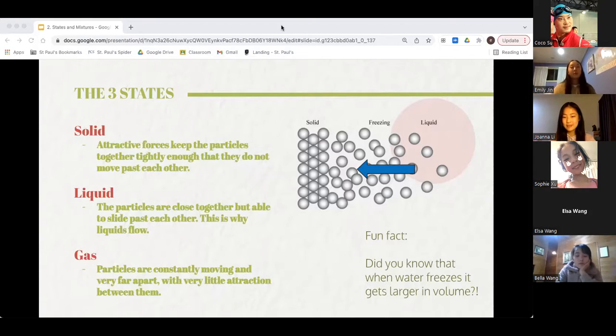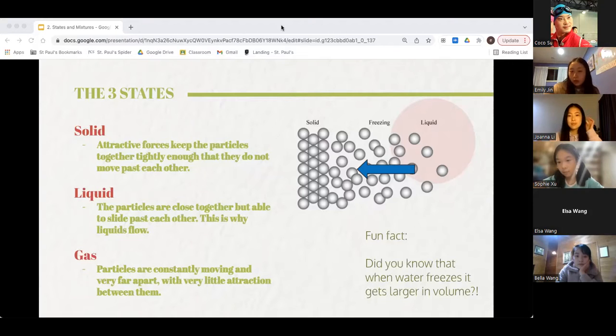That's something we'll delve into later, a concept called kinetic energy in relation to particles, when we'll explain why the particles are moving and how their speed affects their state. Do take note of this little fun fact down here. We will explain why that is very shortly.